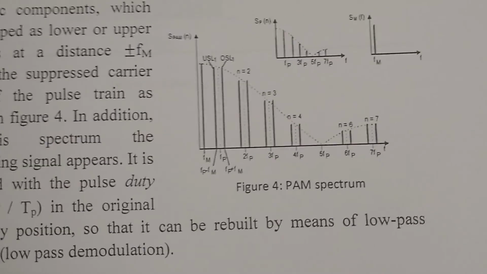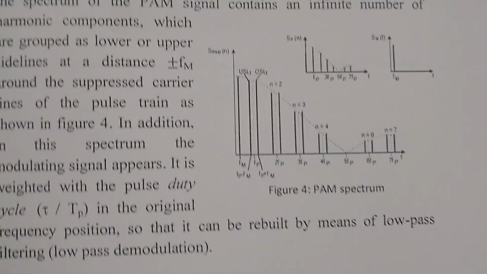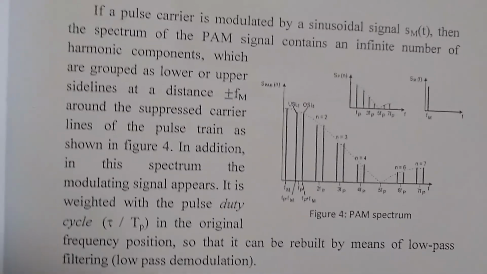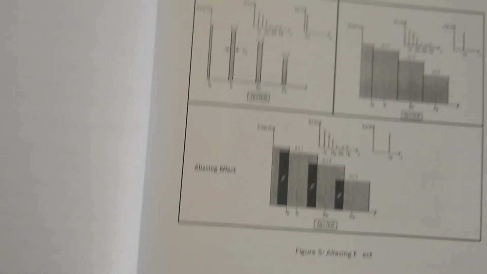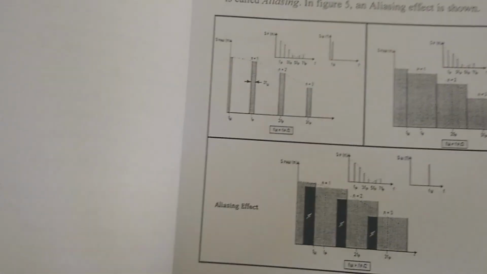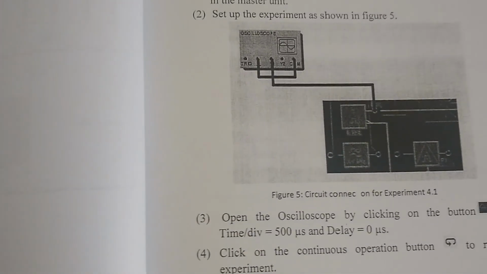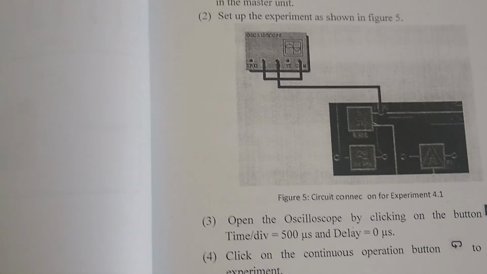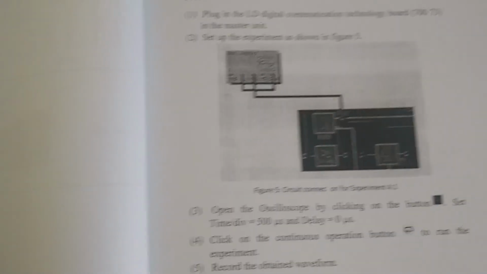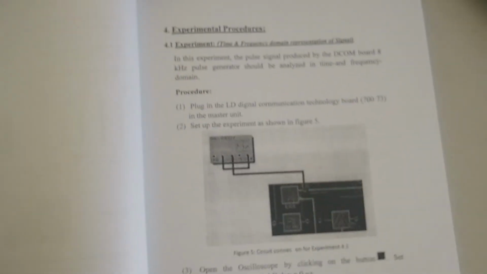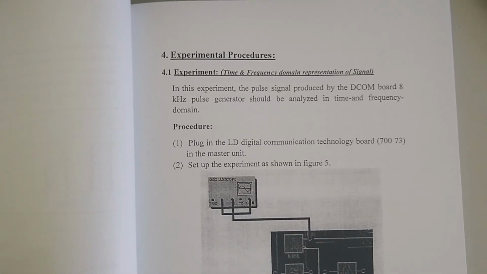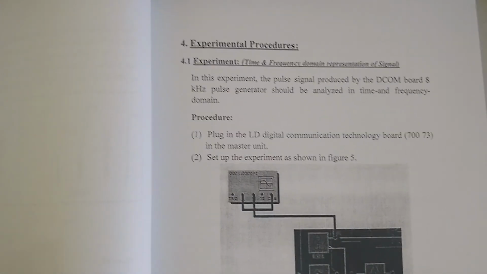Similarly, you can generate all the pulses of the pulse amplitude spectrum. So let us start with the experiment. Here we are generating the time domain representation of the pulse amplitude waveform.